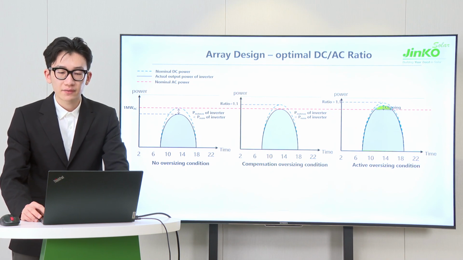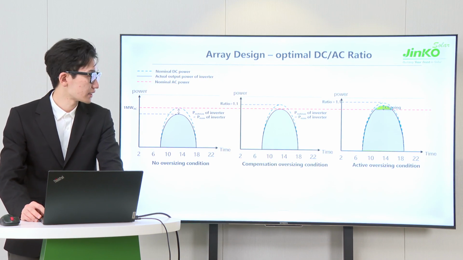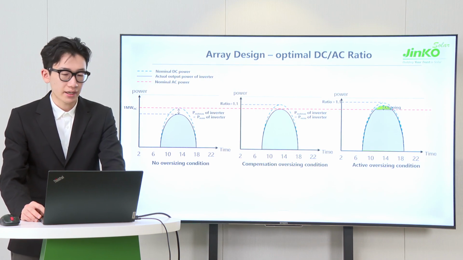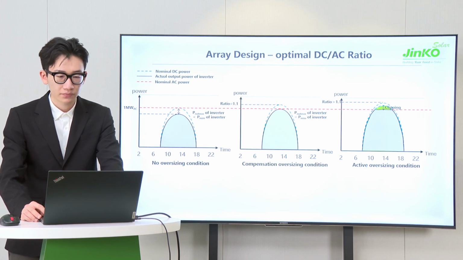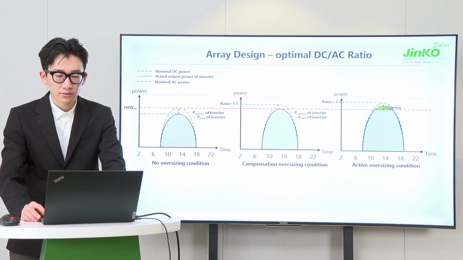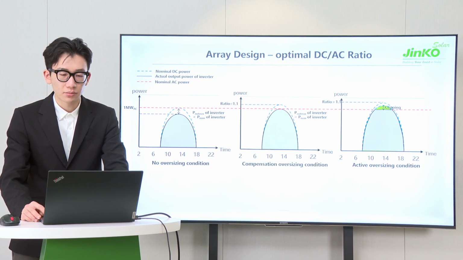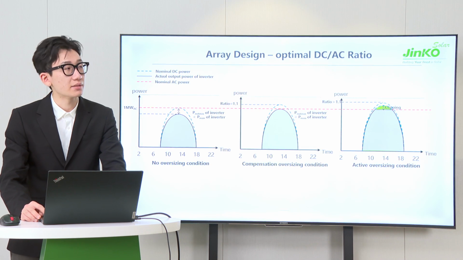The ratio can be divided into two conditions. The first condition is composition oversizing, and another type is active oversizing. As shown in the first chart, the gray area is the power generation, and the yellow area is the system loss caused by previously mentioned factors.